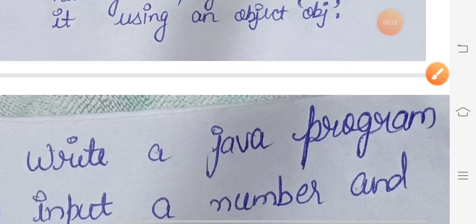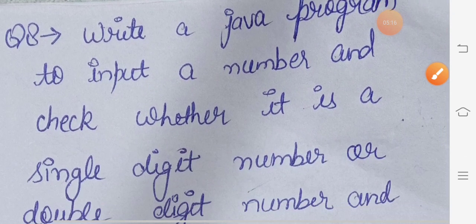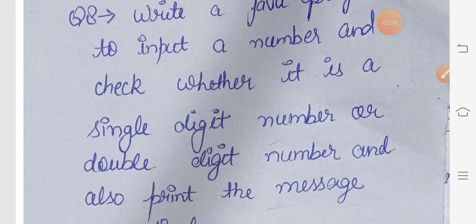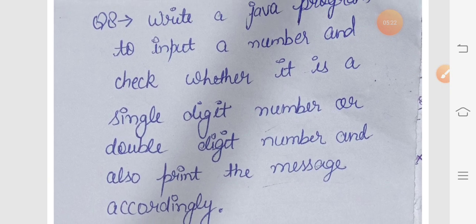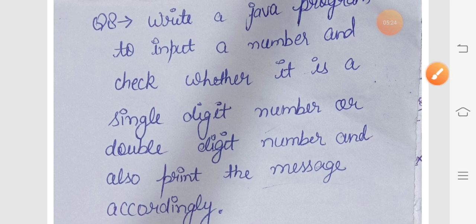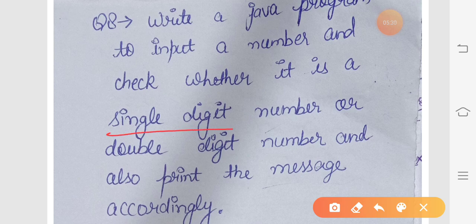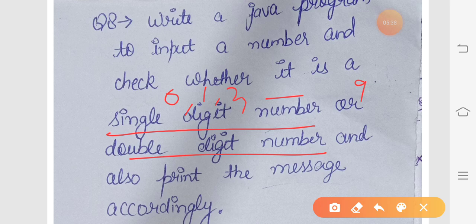Next, write a Java program to input a number and check whether it is a single digit or double digit and also print the message accordingly. Now in this question you will take any random number of integer type, okay. Now you need to identify whether it's a single digit or double digit. Now single digits means 0, 1, 2, 3, 4, 5 up to 9, means you will apply a condition.